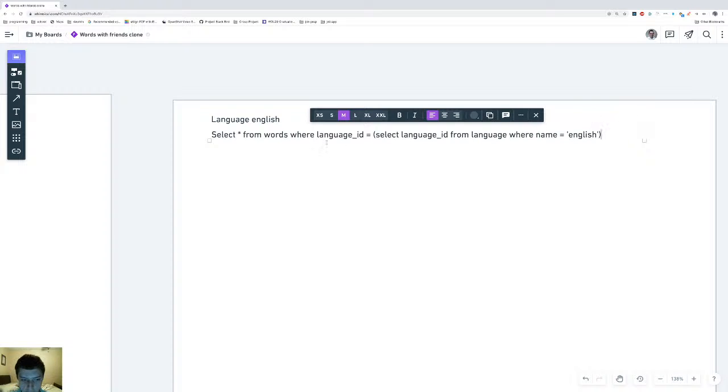And that would return all of the words with the correct length. So this is how it all works.